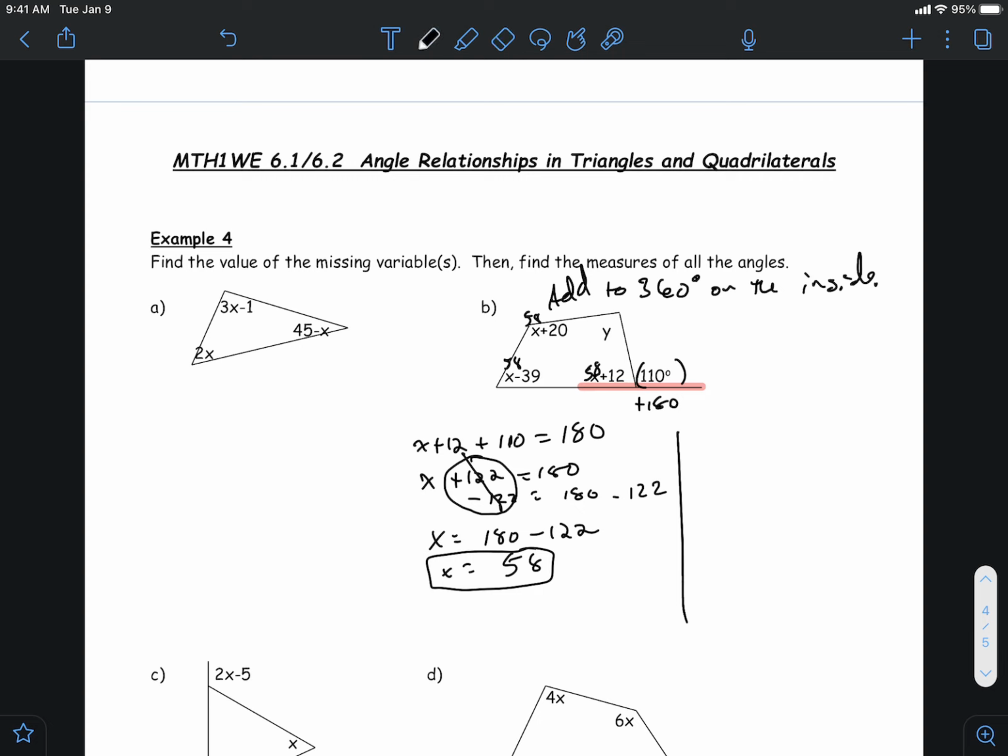So each one of these angles, if you didn't want to plug in the 58 from the get-go, you could say x plus 20 plus x minus 39 plus x plus 12 plus y, all of that has to equal what? 360. That's it. I'm running out of room. That has to equal 360.